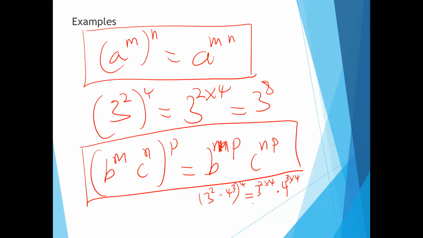And so that will give us 3 raised to the power 8 times 4 raised to the power 12. Good. So you can leave it this way, or you can expand it. So that's how far you can go.